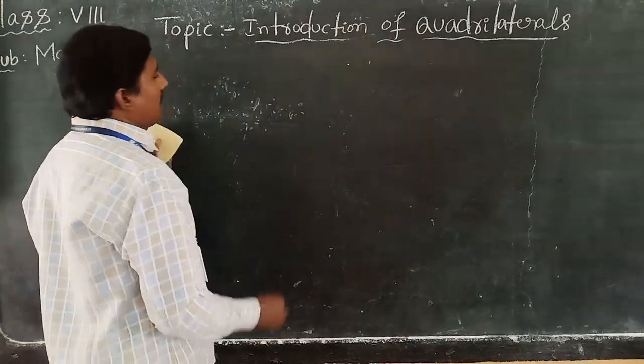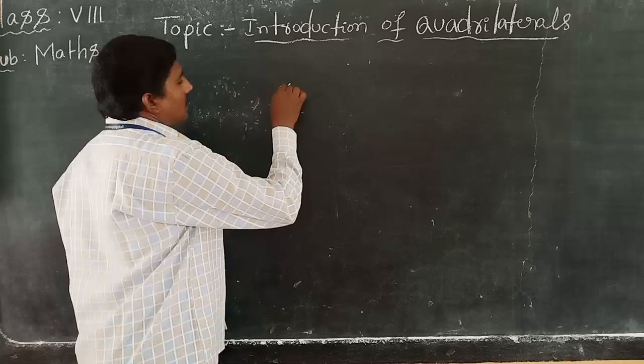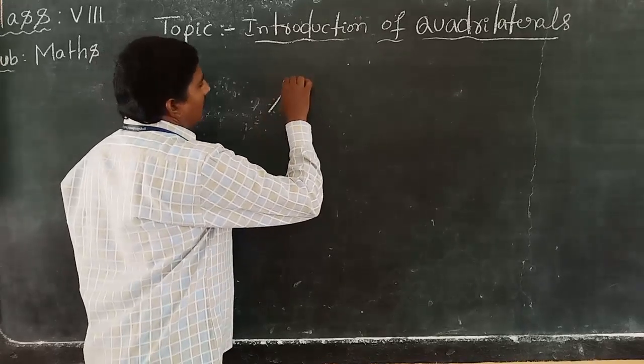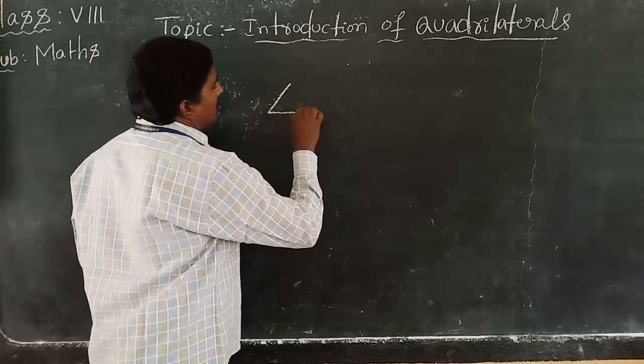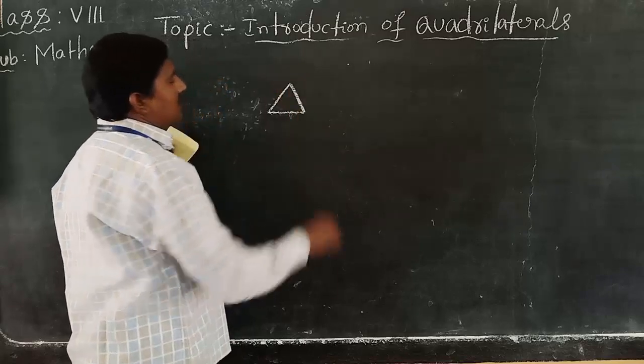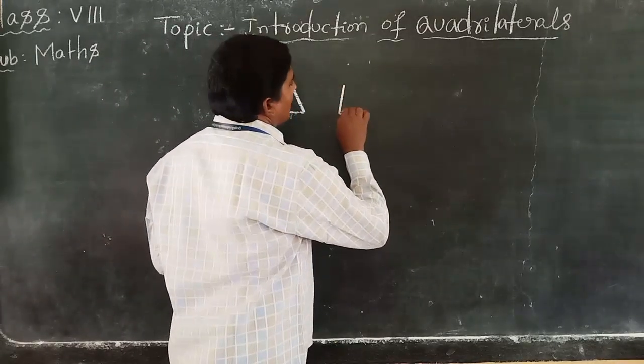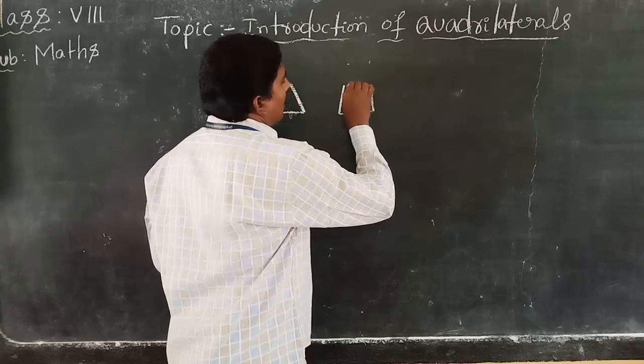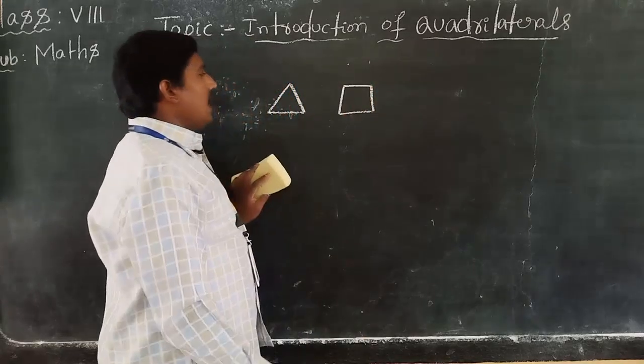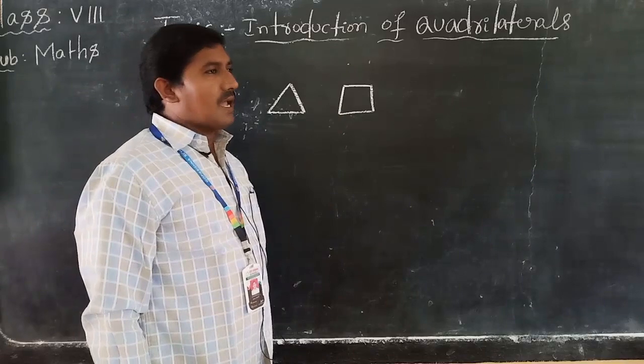For example, a triangle: this is a closed figure made with three line segments. This is a quadrilateral, a diagram made with four line segments.